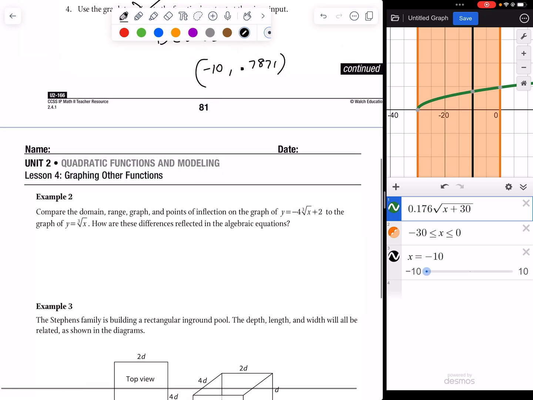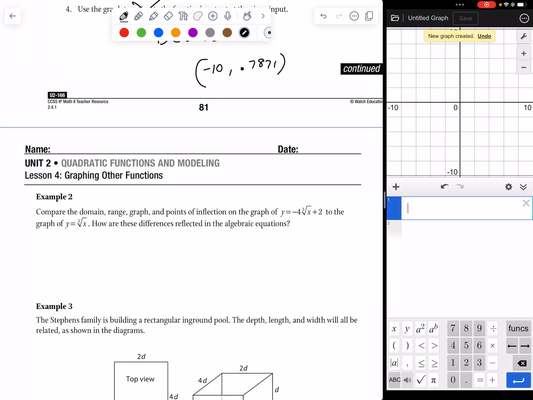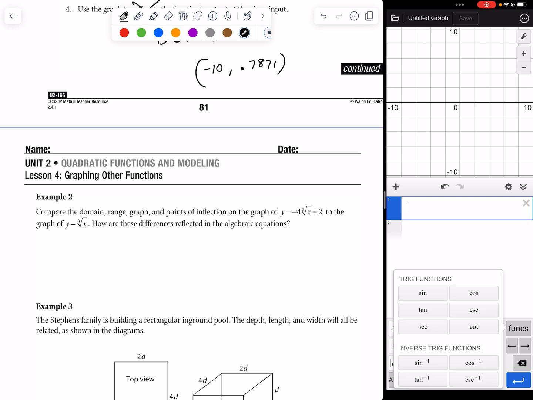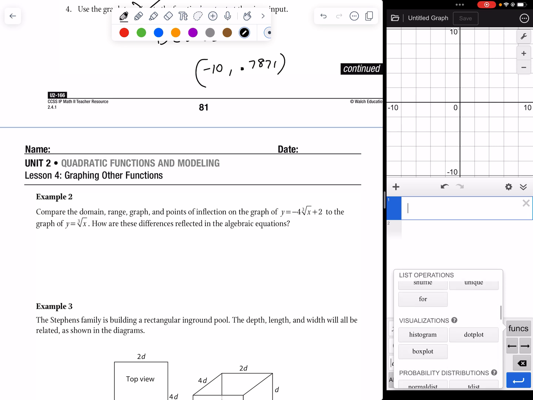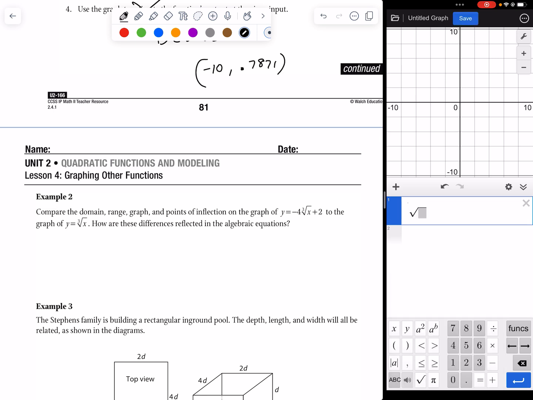All right, so we want to compare. I'm going to start with a brand new graph. We want to compare the third root. Now where is the third root? Go to functions. Scroll all the way down, number theory, almost all the way down to the very bottom.